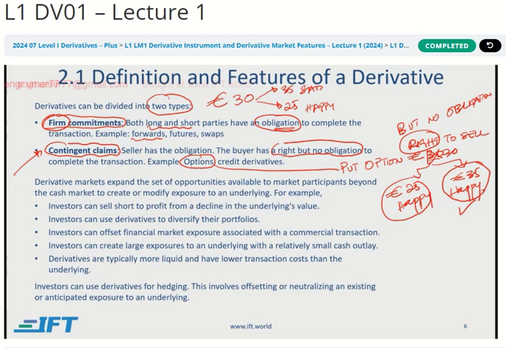Okay, so what is the benefit of all of this? Derivative markets expand the set of opportunities available to market participants beyond the cash market to create or modify exposure to the underlying. For example, they can sell short to profit from the decline in the underlying's value.